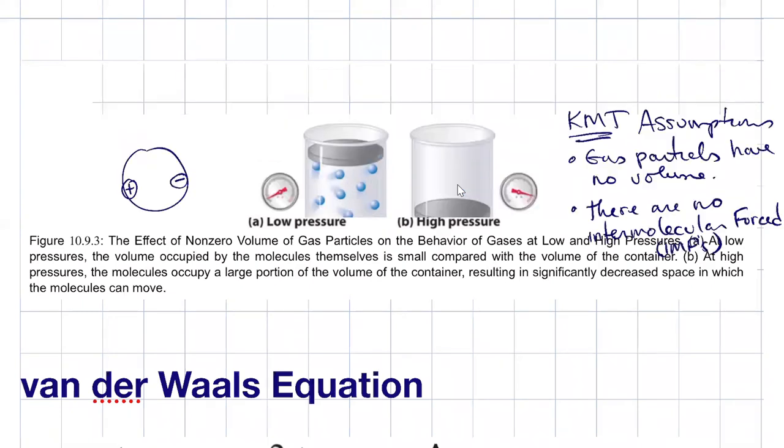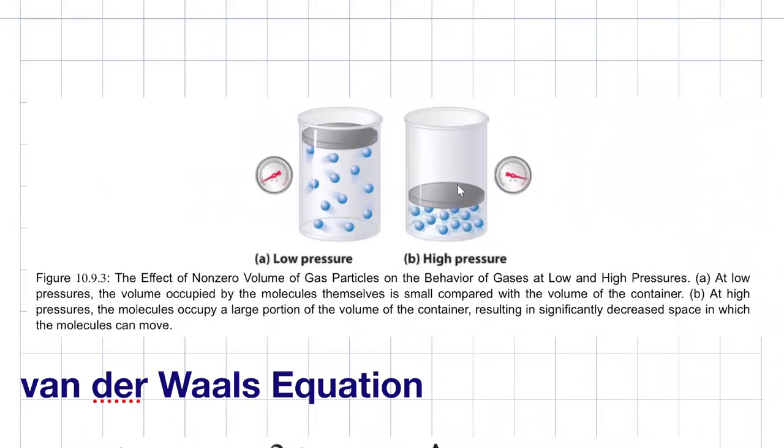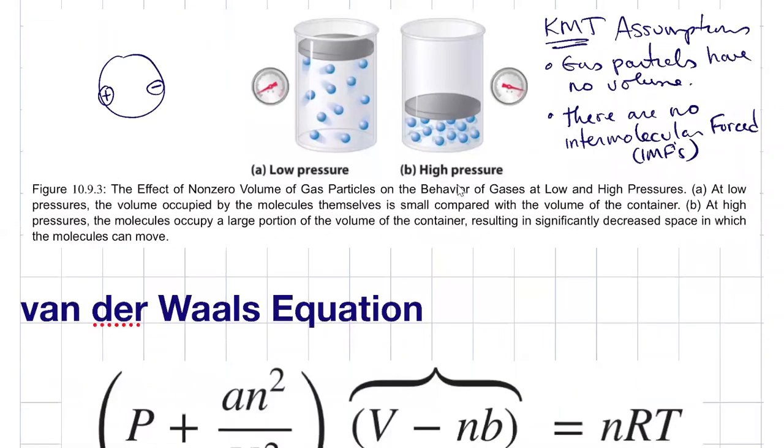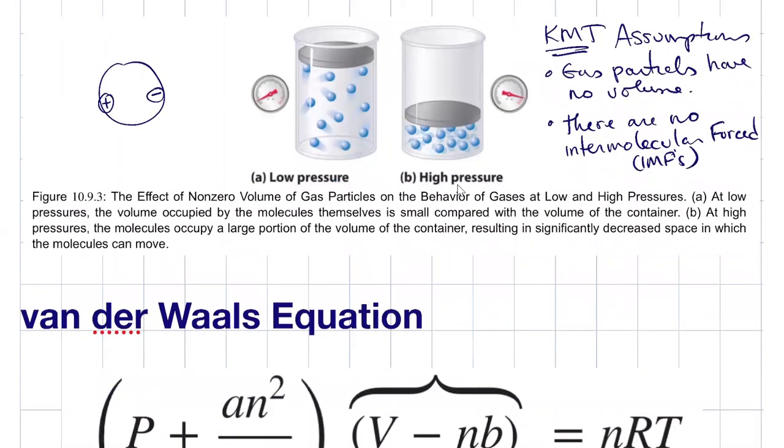If there's a neighboring, whoops, I just moved my picture. If there's a neighboring particle, another particle that's close by, that has, say, the same partial negative and partial positive, what's going to happen between these two particles right now, the way I've drawn them? They'll repel. Right, the two negative sides are close to each other.